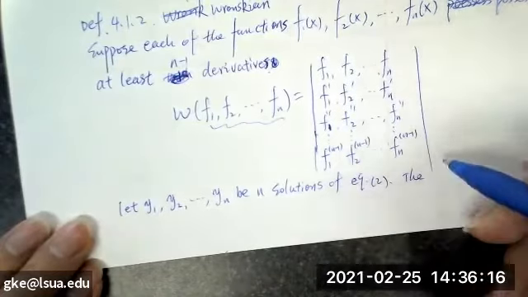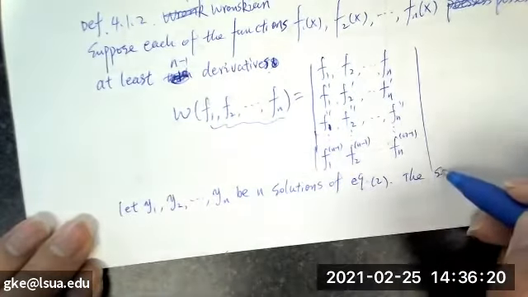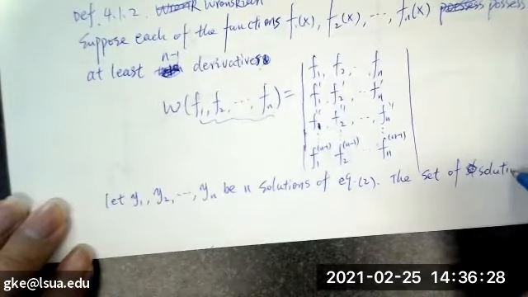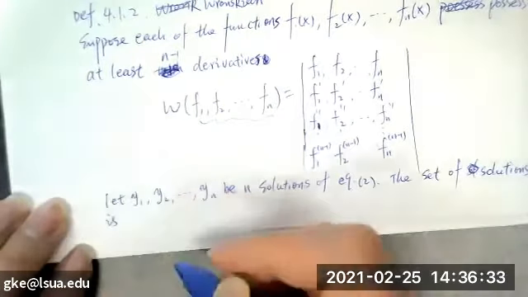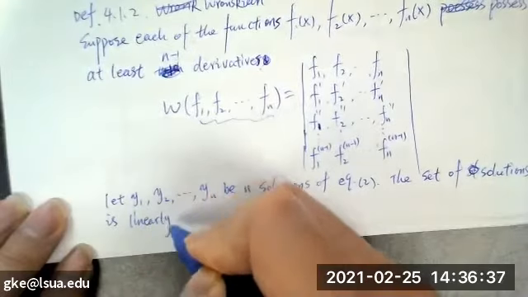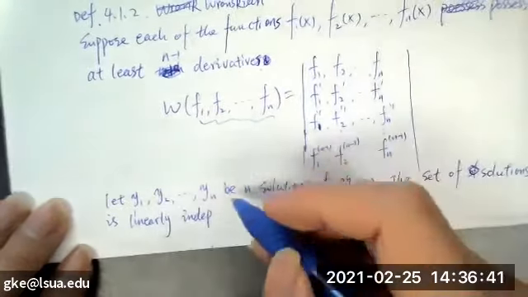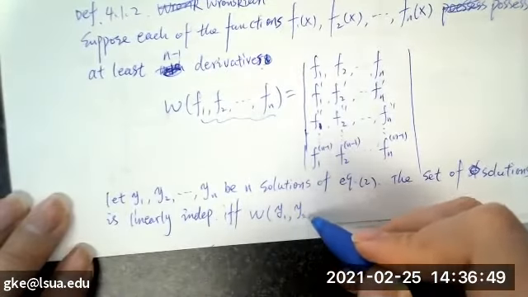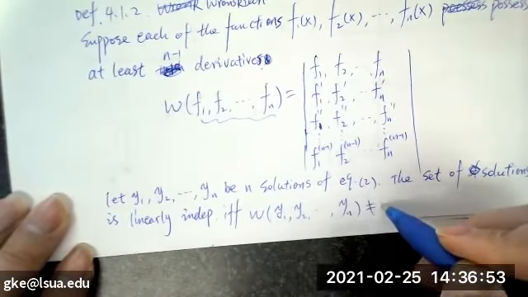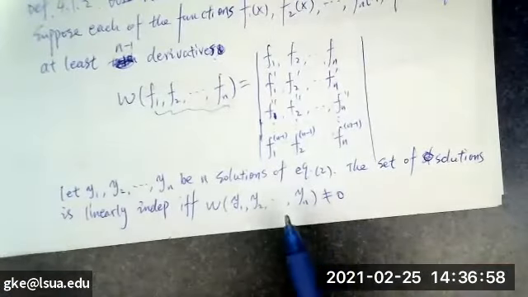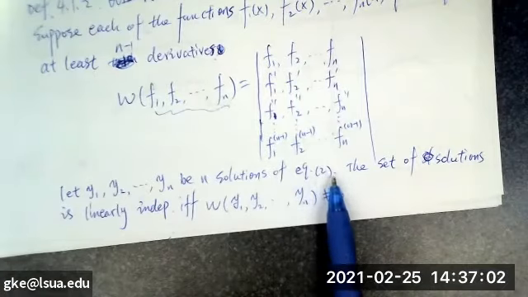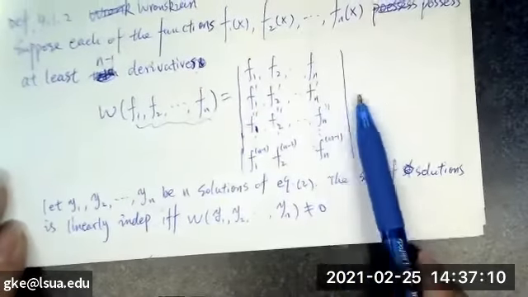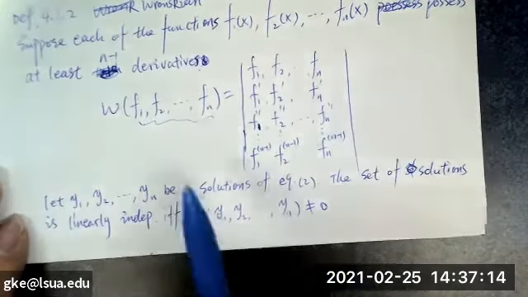The set of solutions is linearly independent if and only if the Wronskian is not equal to 0. Here, equation 2 means the nth homogeneous equation I mentioned previously. So for the nth homogeneous equation, if we can find n solutions and the Wronskian doesn't equal 0, that means they are linearly independent.